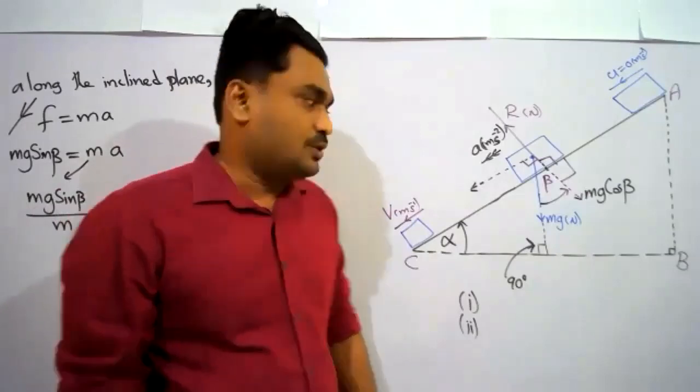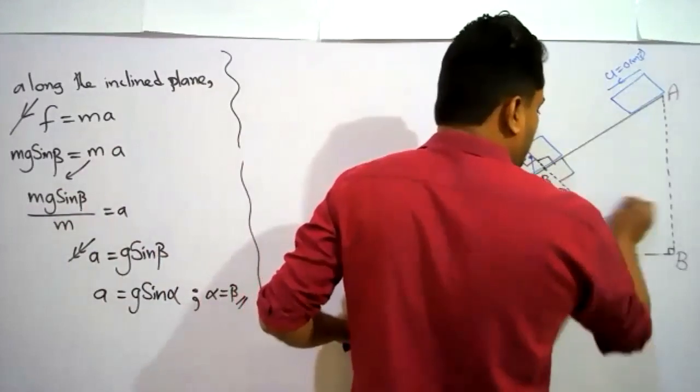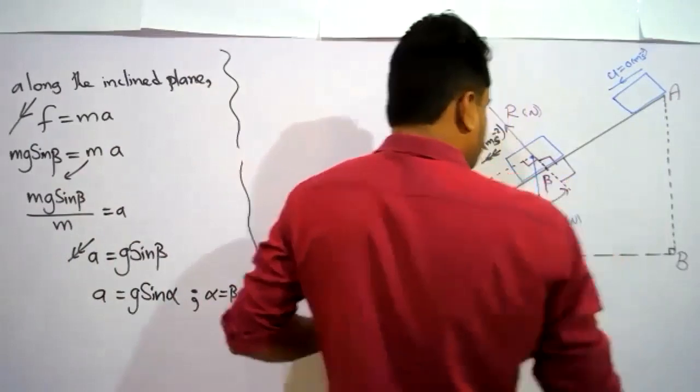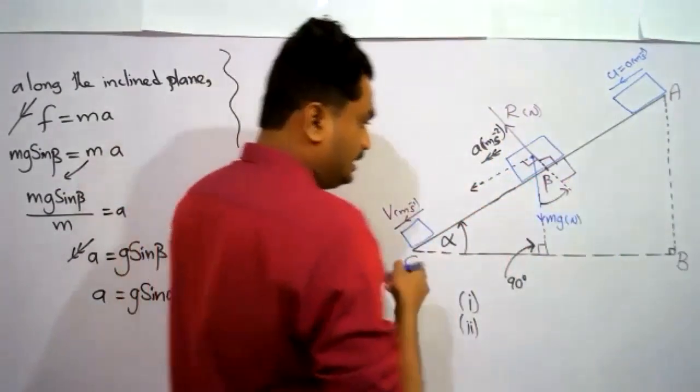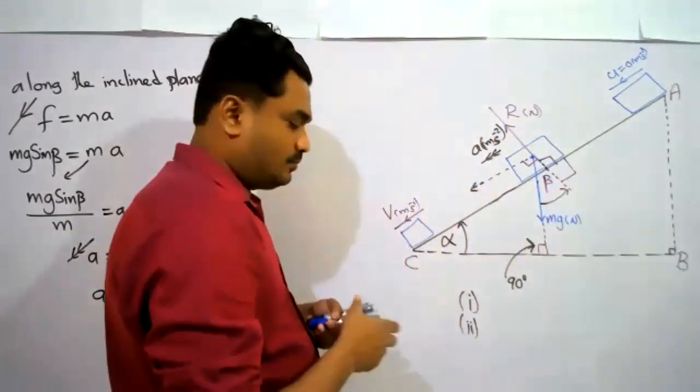Within brackets, please write: the length of the inclined plane is 10 meters.